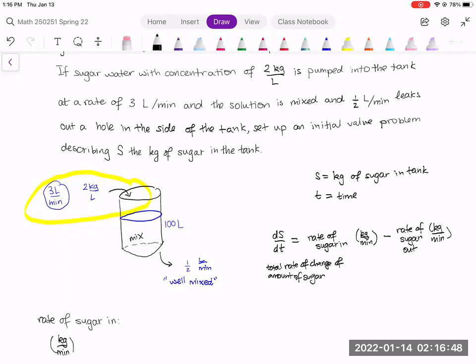So what we can take is the concentration that we know, which is 2 kilograms per liter. And we also know how many liters are coming in per minute.